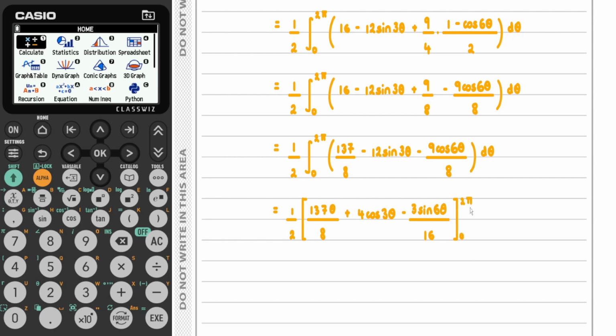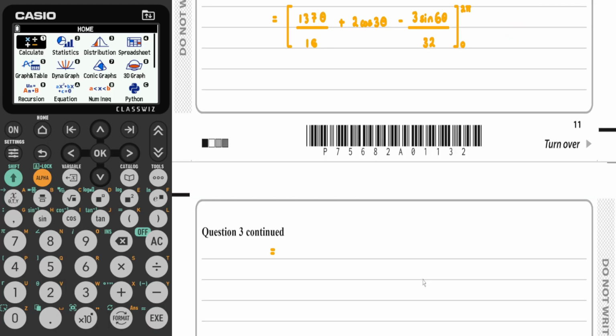We wish to evaluate this from 0 to 2 pi. If I multiply the half into the bracket, I've got 137 theta over 16 plus 2 cos 3 theta subtract 3 sine 6 theta over 32, evaluated from 0 to 2 pi.